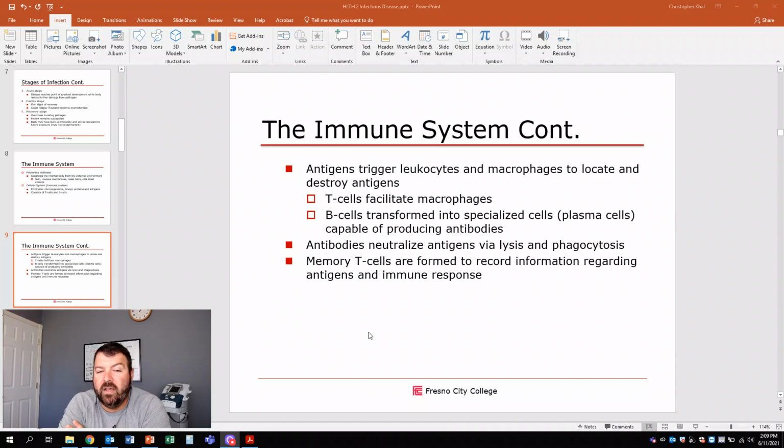Your body remembers that cold in your memory T cells, so you build up some immune response to it if it ever comes back. Let's say you get that same strain of cold again in 2019, whatever it is. Well, you have a higher chance of recovering quickly or not getting as severe of an infection.